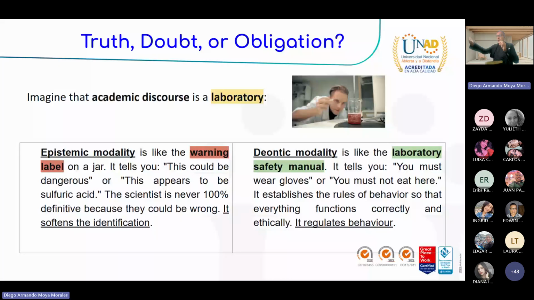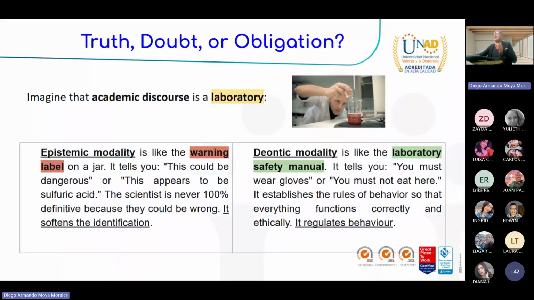you have a jar, like in the image, and this jar has a warning label, right? It says, oh, dude, be careful. Don't touch that because it's dangerous, okay? So this is what we mean with this modality. This could be dangerous, or this appears to be a kind of acid or an element which is dangerous for us.